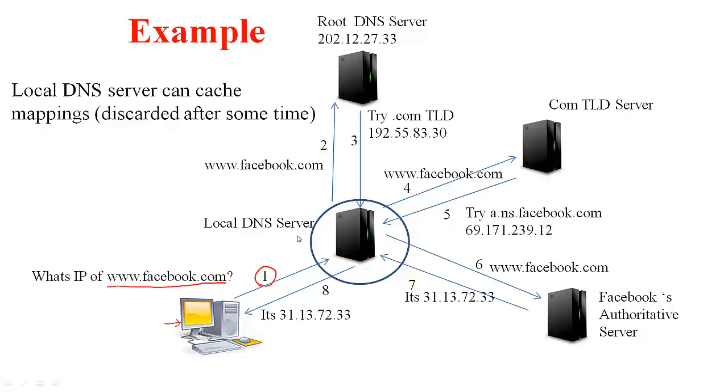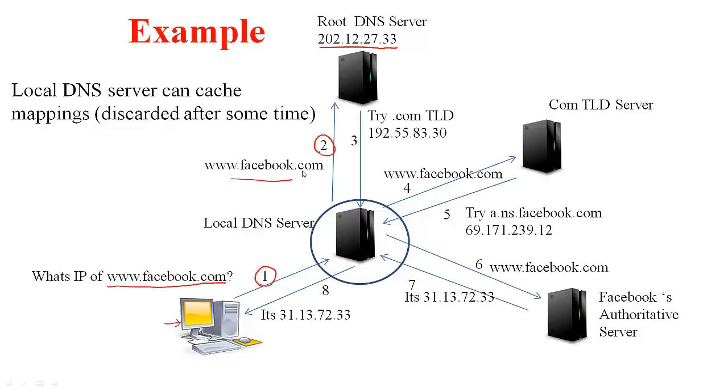How does it get the IP address of the root DNS servers? This information is widely available. If you are setting up a DNS server, you will have to somehow figure it out. Since it knows the IP address of the root DNS server, so this is the Japan's root DNS server. So it is now going to send this query to this root DNS server that is indicated by 2, and it is asking what is the IP address corresponding to this particular host name.